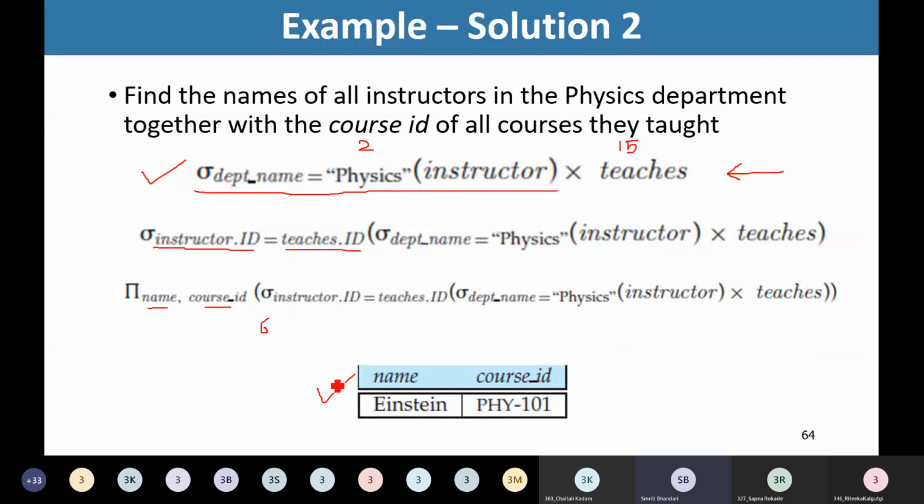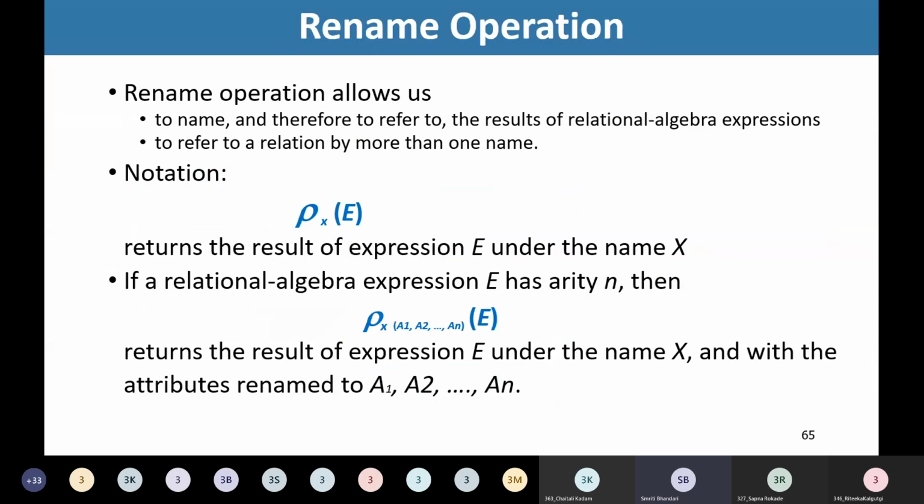So that is one more way of writing this query. I hope you have understood how to make use of this cross product or the Cartesian product, and how we can use a few other operations also to come up with the solution. Correct? May I proceed? Yes, ma'am.